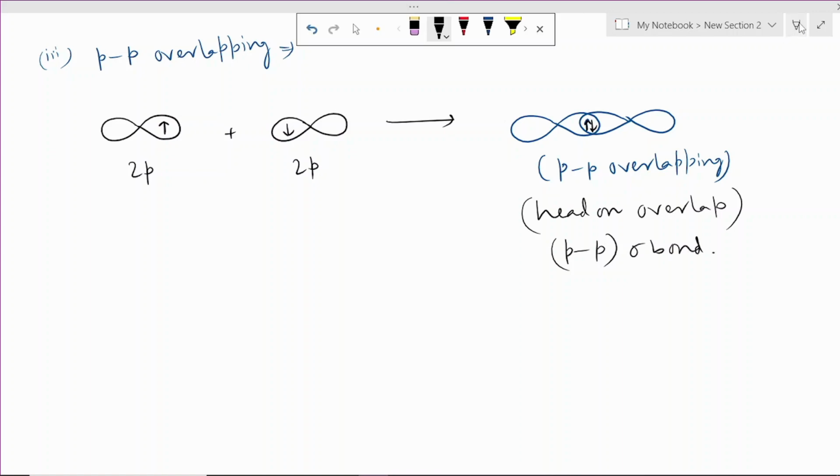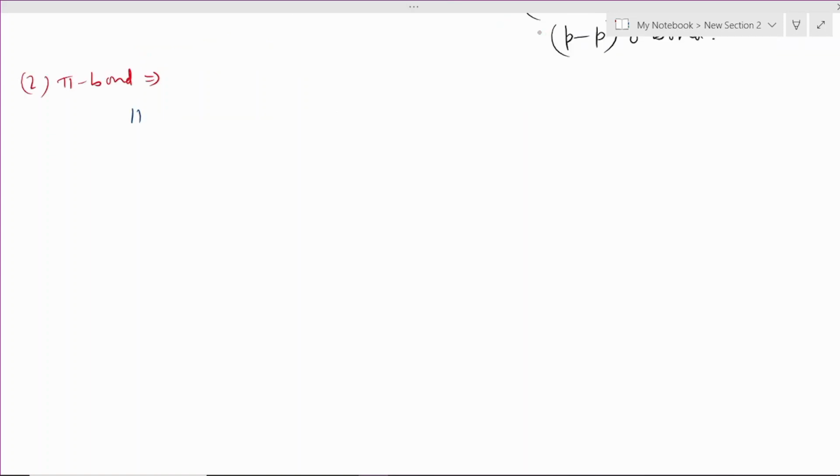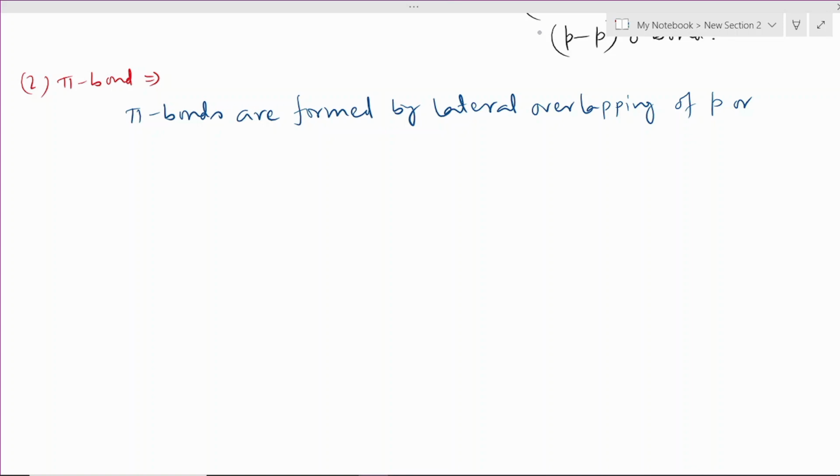Next, we will discuss pi bonds. Pi bonds are formed by lateral overlapping of p or d orbitals.